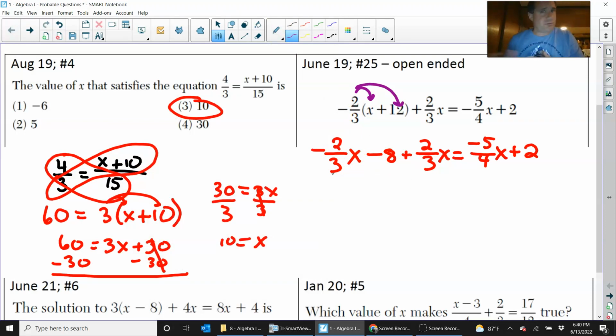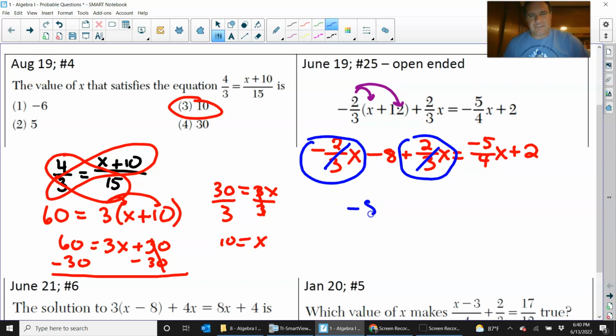Do not move things across the equal sign until you combine like terms on each side. So we have negative 2/3 x minus 8 plus 2/3 x. These are the like terms. We're talking about this and this, so they cancel each other out.